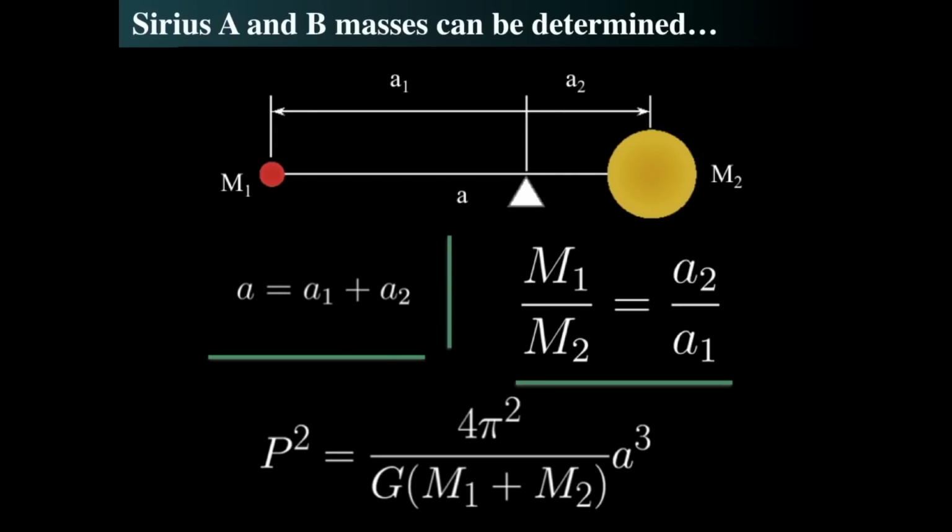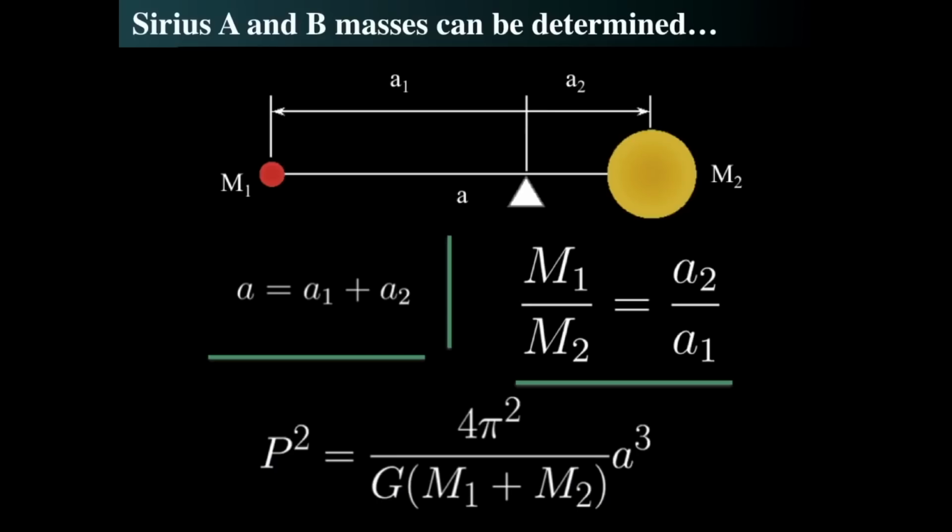In so doing, we find that the ratio of the masses, M1 to M2, where M1 is the little mass, compared to the distances between them, A2 and A1, are reciprocated. So you'll notice that if M1 is a smaller mass than M2, then it will be farther away than A2. The smaller M1 is, the farther A1 must be for the lever arm to work.